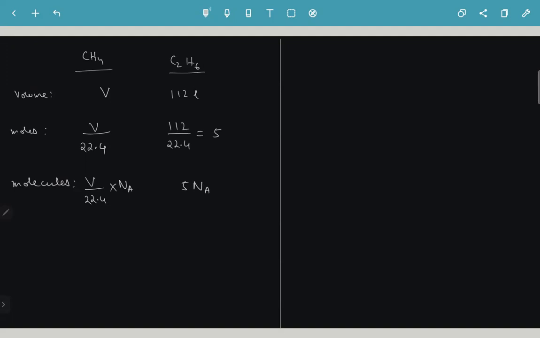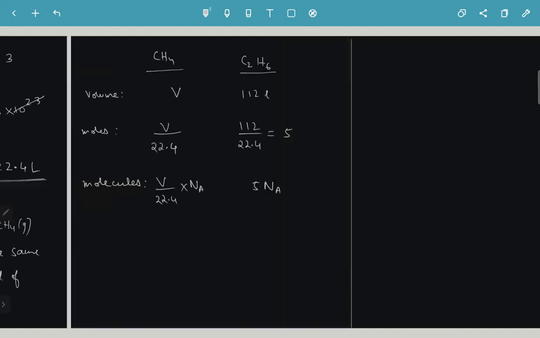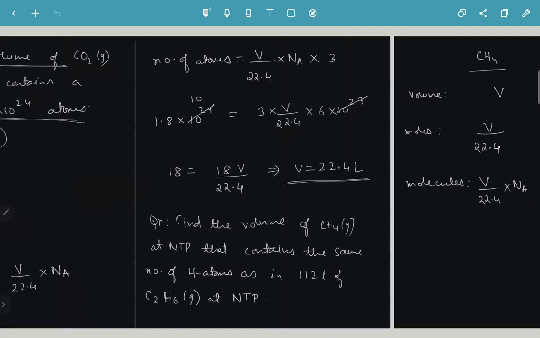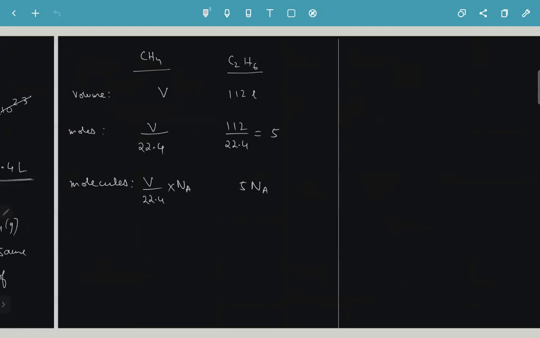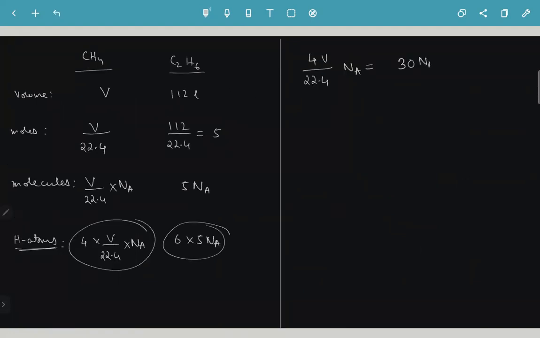And then we have to find out hydrogen atoms. हाइड्रोजन atoms निकालने के लिए complexity of hydrogen. To 5, that is 30 Na.